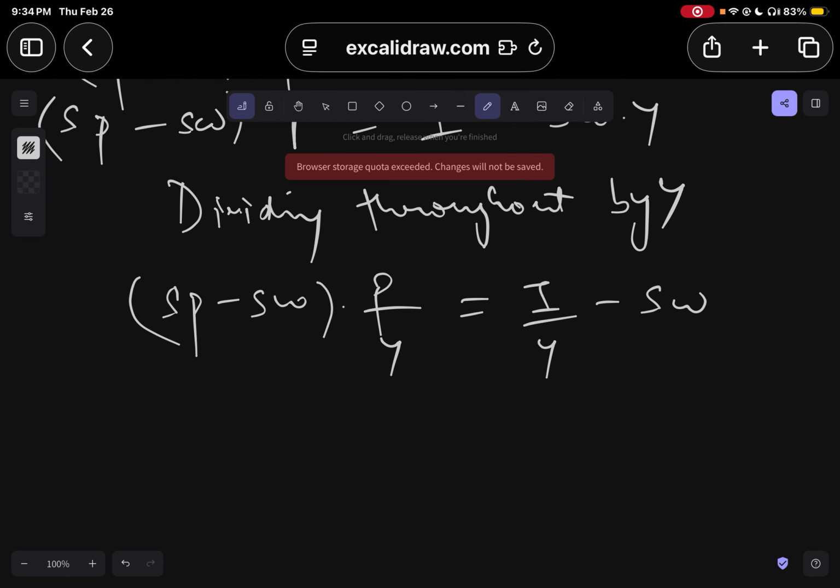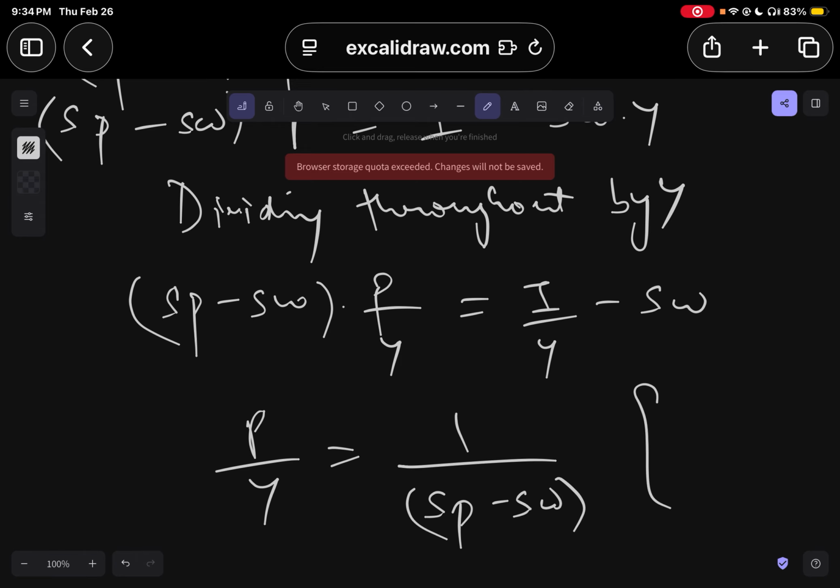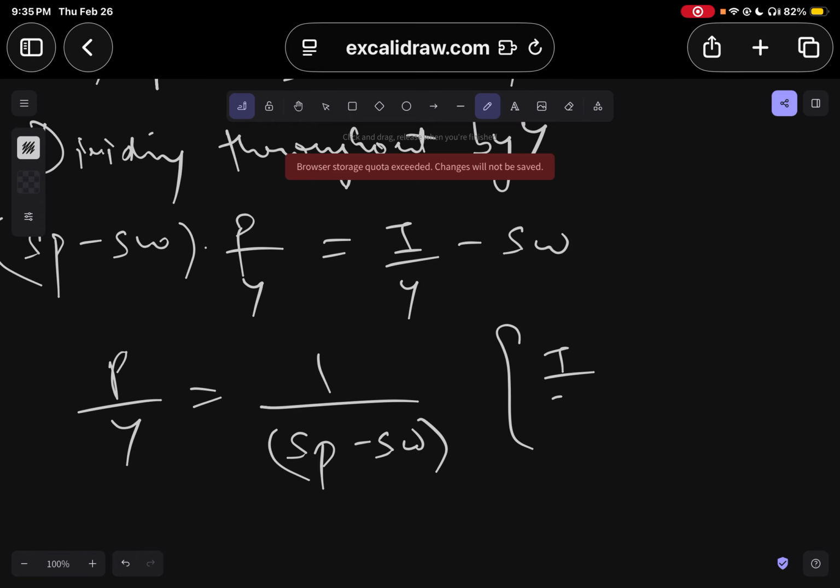This can be written as P upon Y is equal to 1 upon SP minus SW into I by Y minus SW.